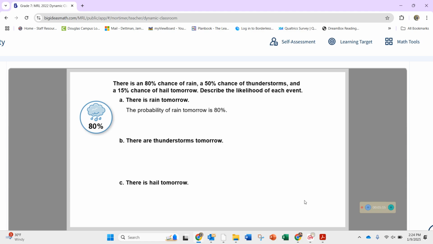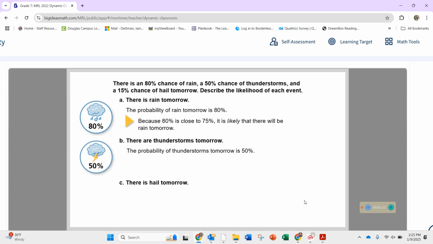So if we had a picnic scheduled for tomorrow, pretend it's the spring or summer, we should probably make other plans, either reschedule the picnic or have a shelter, because there's an 80% chance of it. But let's just take that example. Because there's a 50% chance for a thunderstorm, say I'm at a park with an outdoor little shelter.